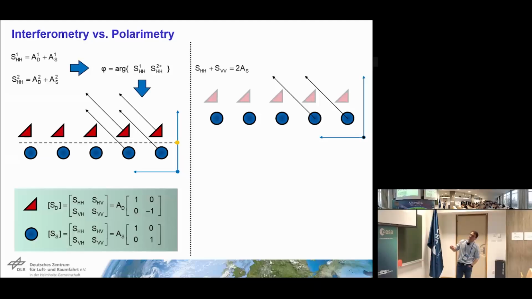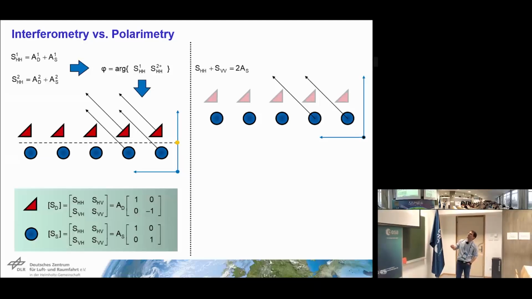They can also have different powers, but what happens is that if you make HH plus VV, because of this change of sign, the dihedrals get cancelled, so no dihedrals anymore, but only spheres survive. This is just if you take the sum between HH and VV.